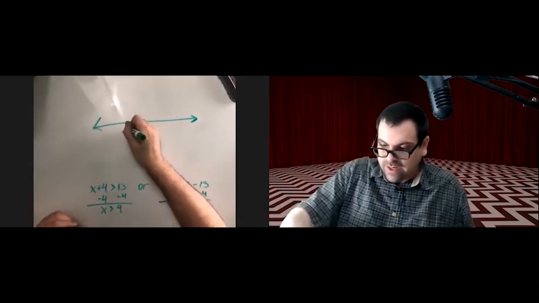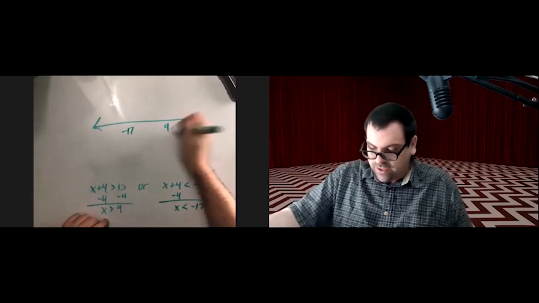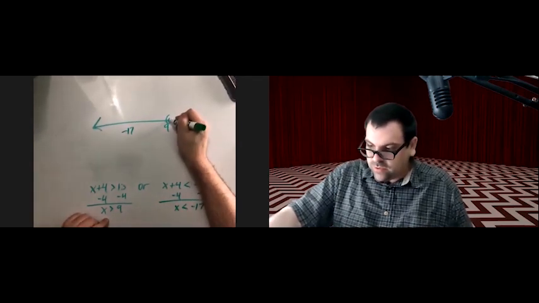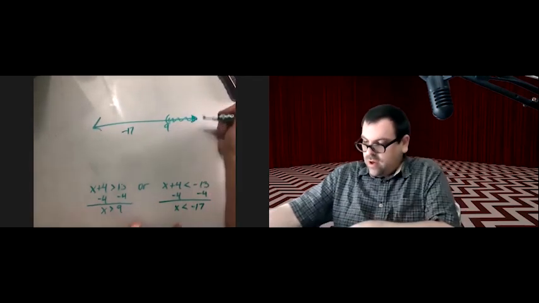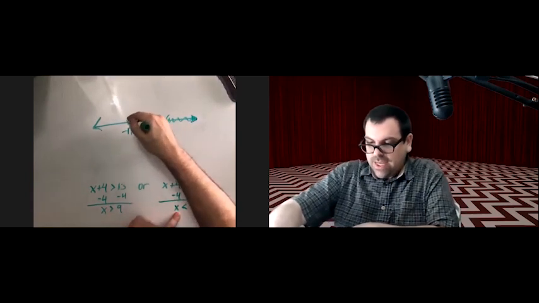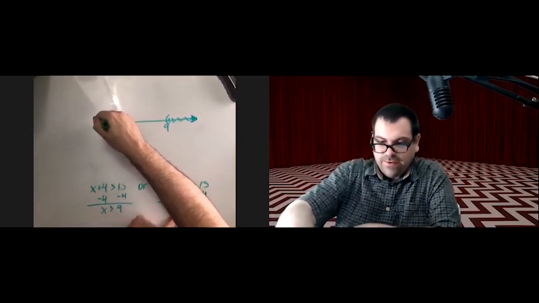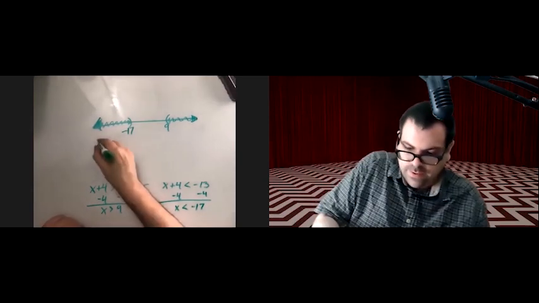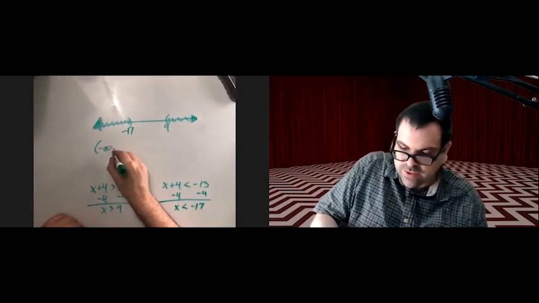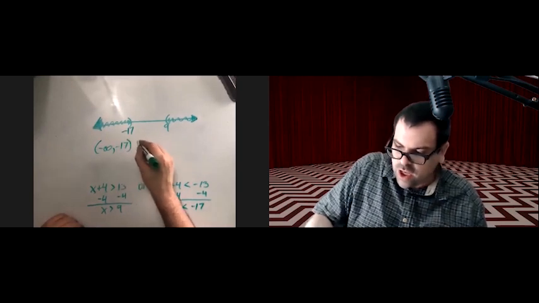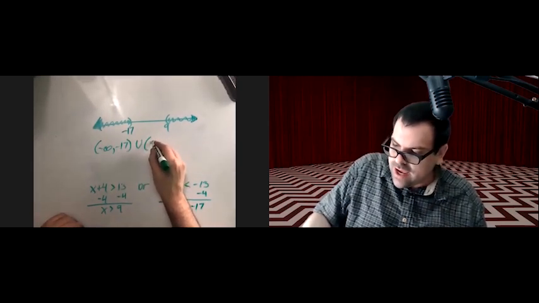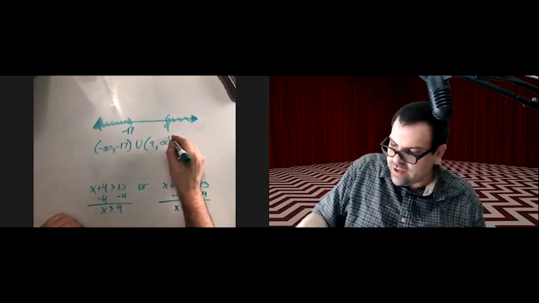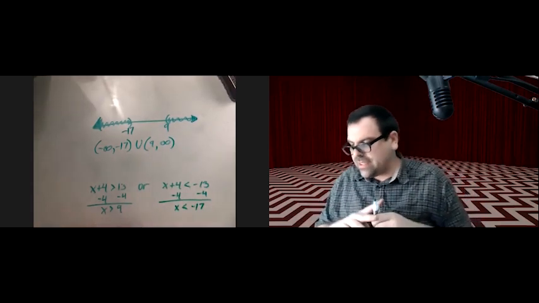Here we have our negative 17 and we have our 9. And we are greater than the 9. We are less than the negative 17. So negative infinity to negative 17, union 9 to infinity. And that's going to be our answer there.